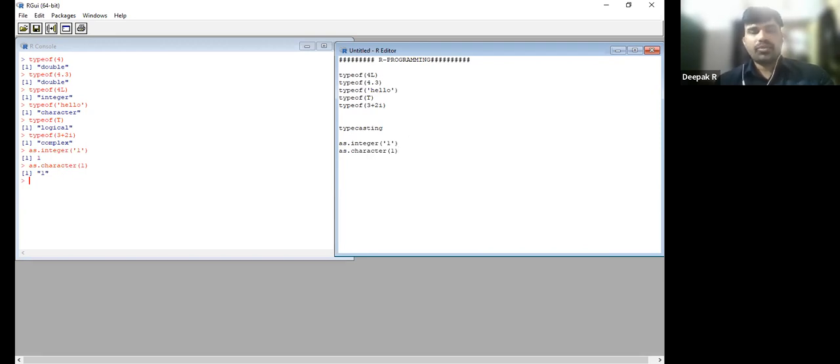And when it comes to various mathematical functions that can be done, for understanding and for running it, we will be using the Control plus R function in order to run these codes also.